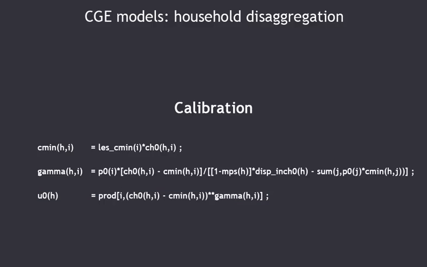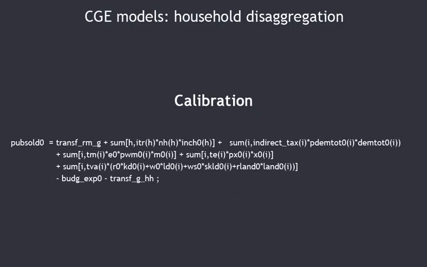It's worth noting that the parameters of minimum consumptions and the parameters gamma must take specific values that reflect price and income elasticity of consumption. This is something that we will discuss later.